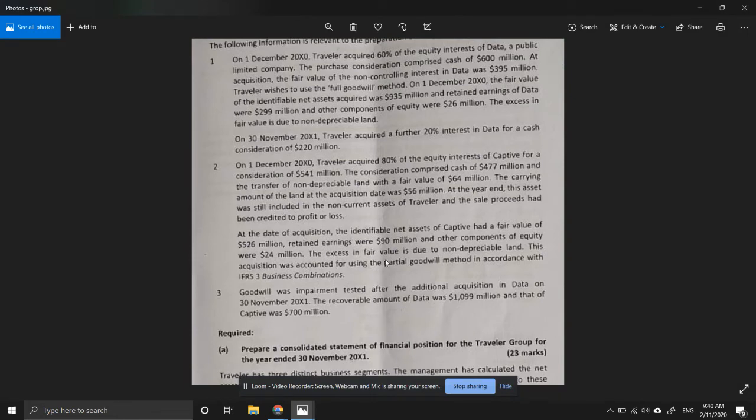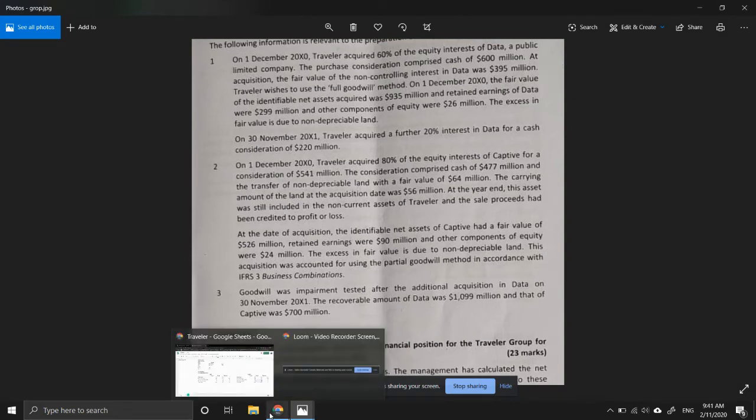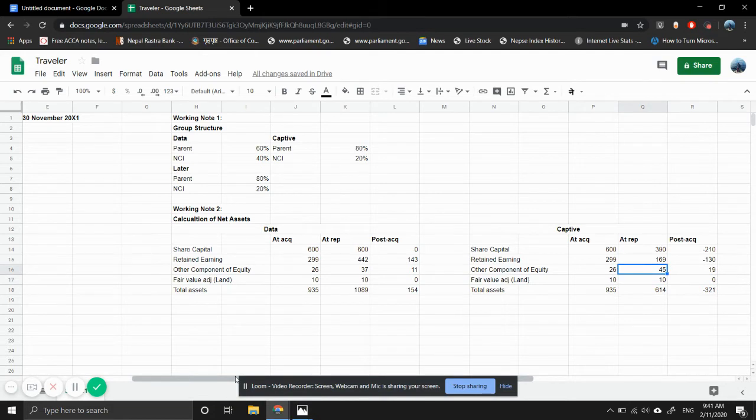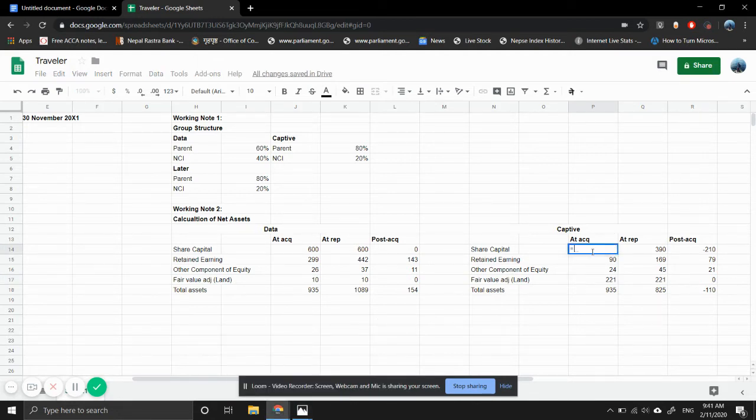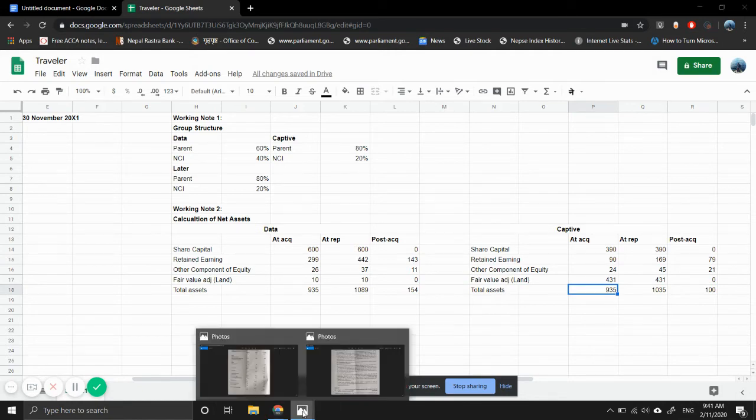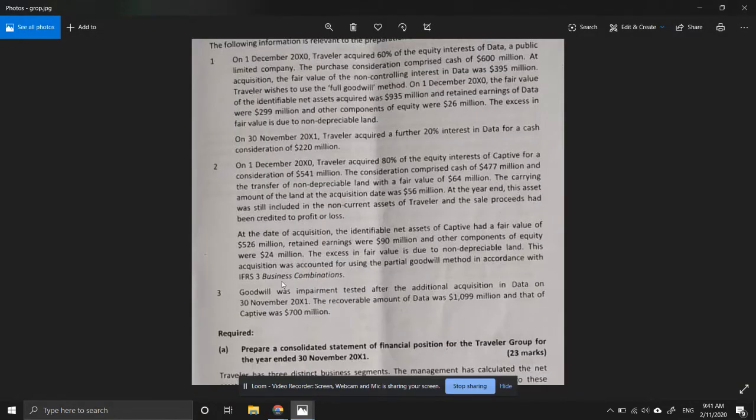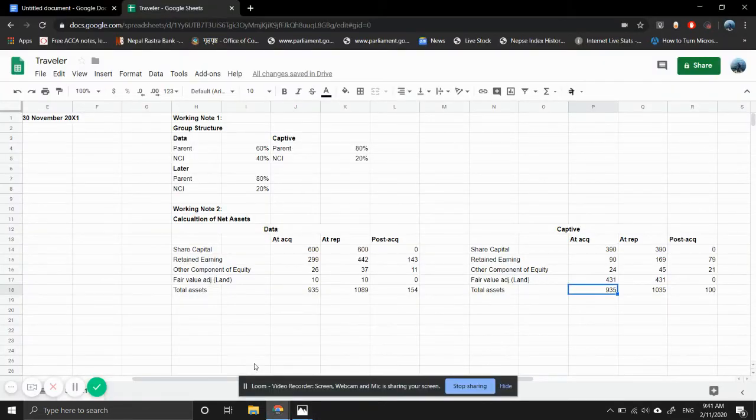And then earlier date it was 90 and 24, right? And then share capital was same. What about total assets? What was the total assets? 526. Okay.